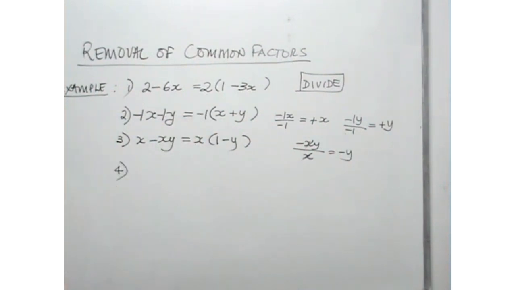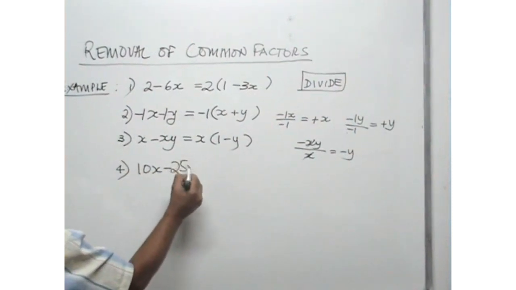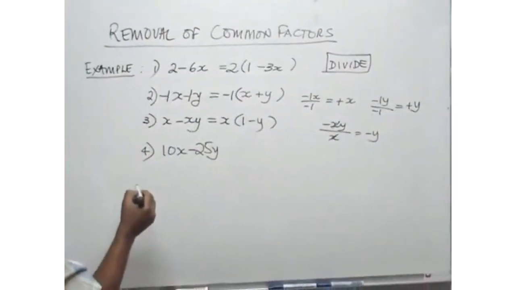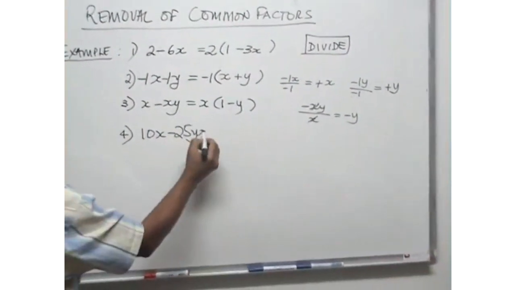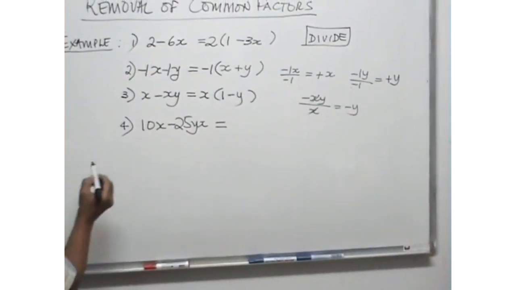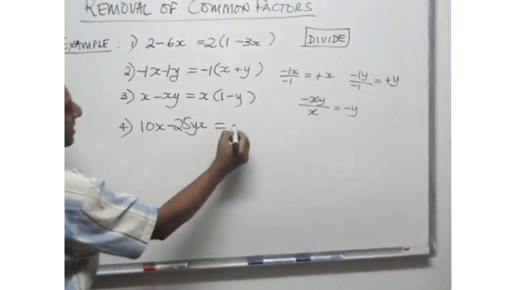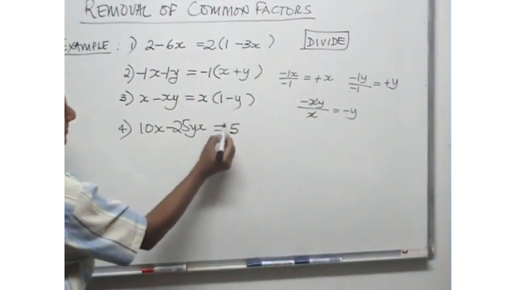Let's move on to number 4. 10x minus 25yx. So if you study this example carefully, you'll find that for 10 and 25, the common factor is 5.